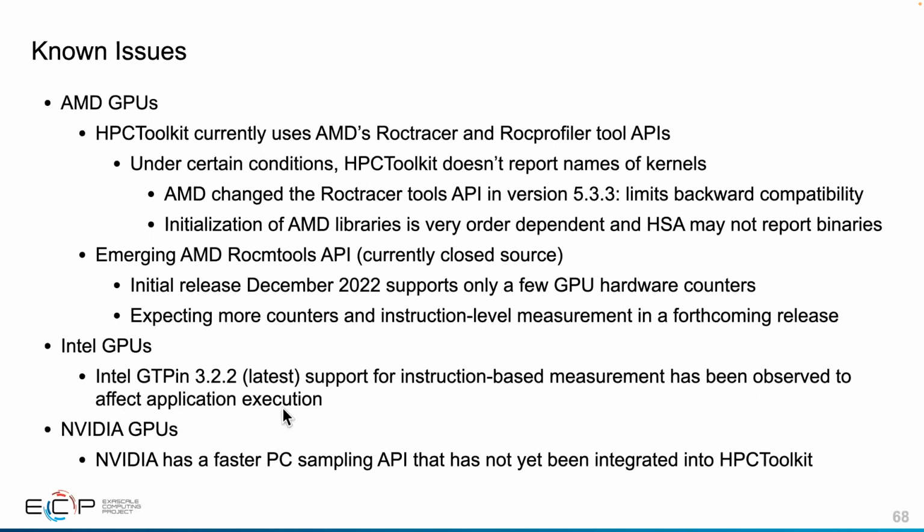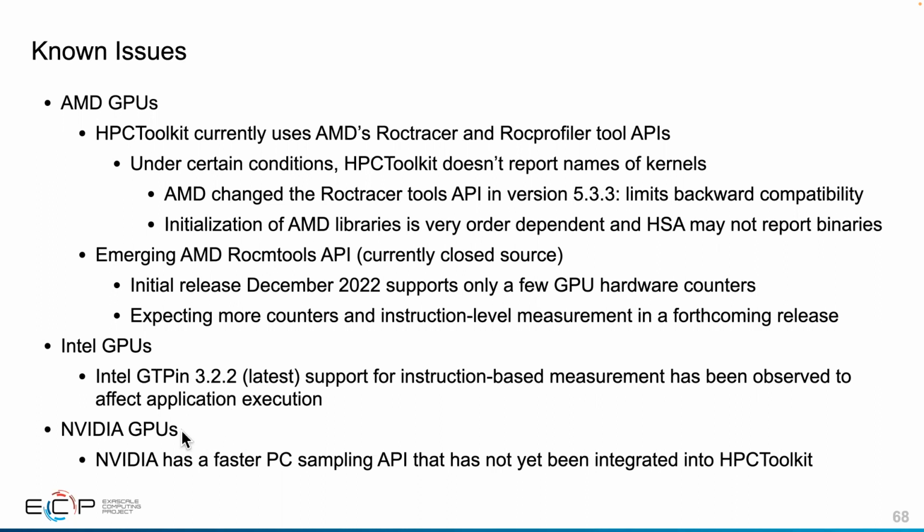In some cases, turning on GTPin, and not just through HPCToolkit, just using Intel's GTPin interface directly, caused some NaNs to occur. For some applications, we've been able to measure very effectively using GTPin. For others, we've reported this back to Intel, and they report that they have a new version that they're going to give us this week, a pre-release that reportedly addresses some of these problems.